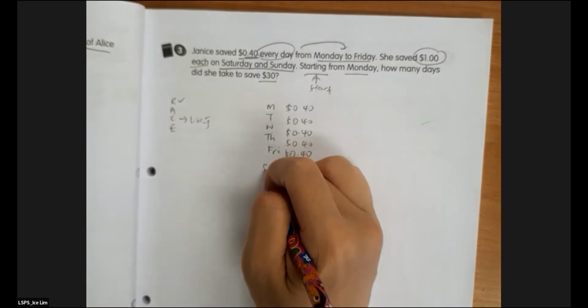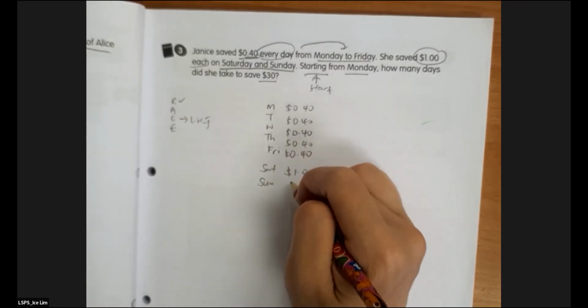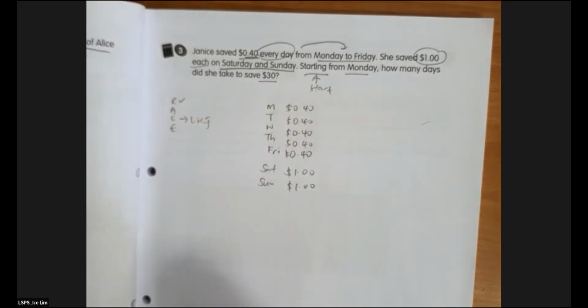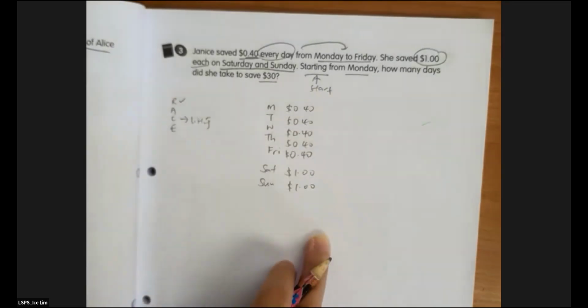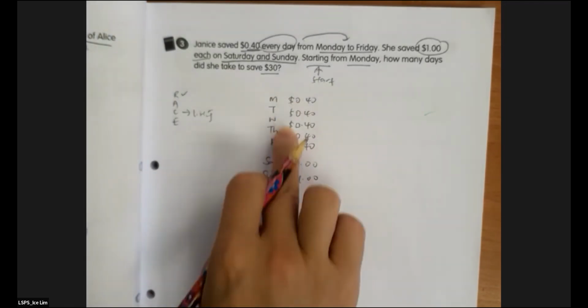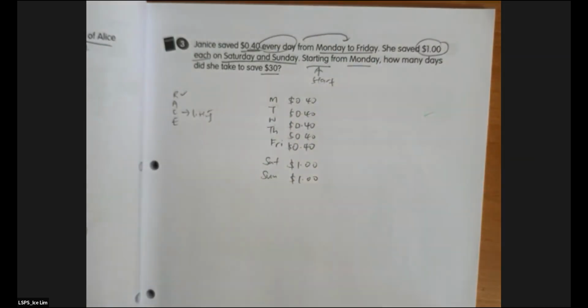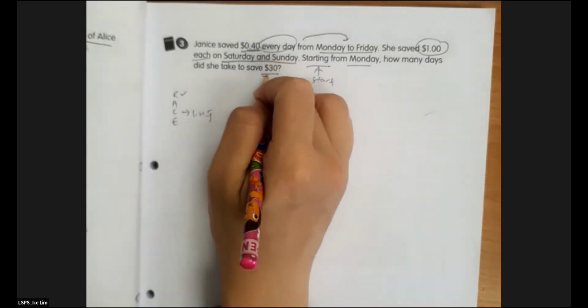And then I have Saturday and Sunday. Saturday, $1. Sunday, $1. So I list out. Now, if I am really unsure, I can continue to list until the total reaches 30.